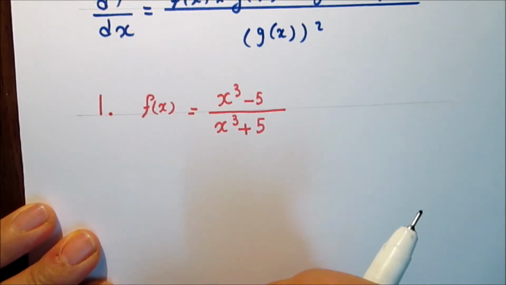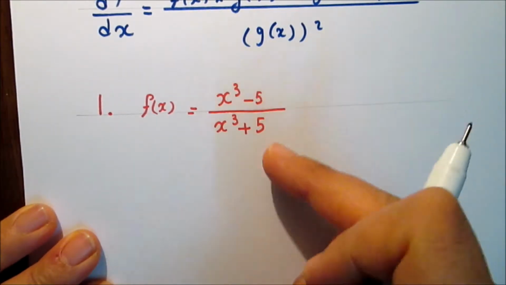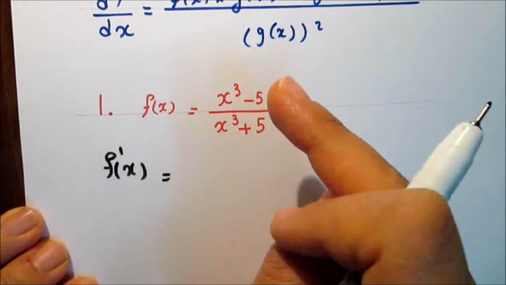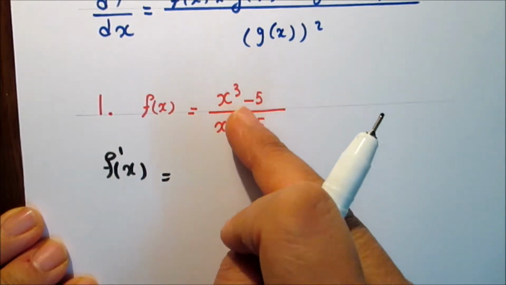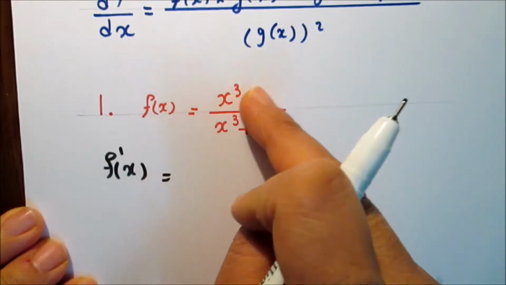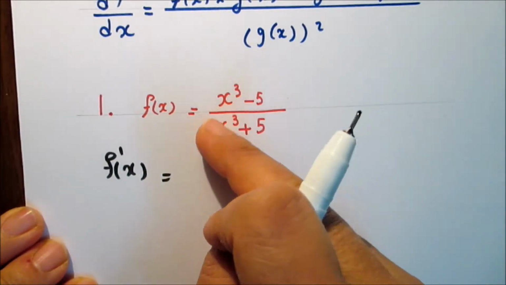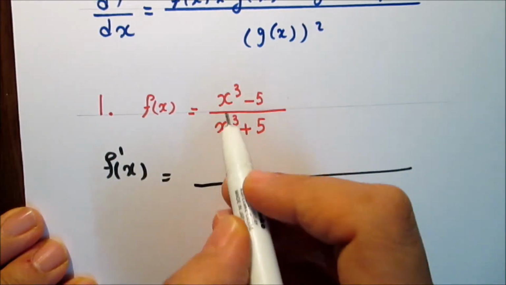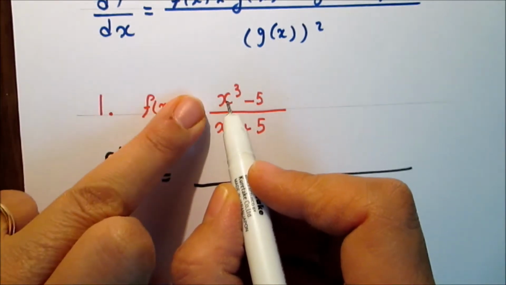Example, find the first derivative of the following function. Now we have a quotient. To find the first derivative, by the rule, take the derivative of the numerator times the denominator minus the derivative of the denominator times the numerator, over the square of the denominator. So take the derivative of the first term.